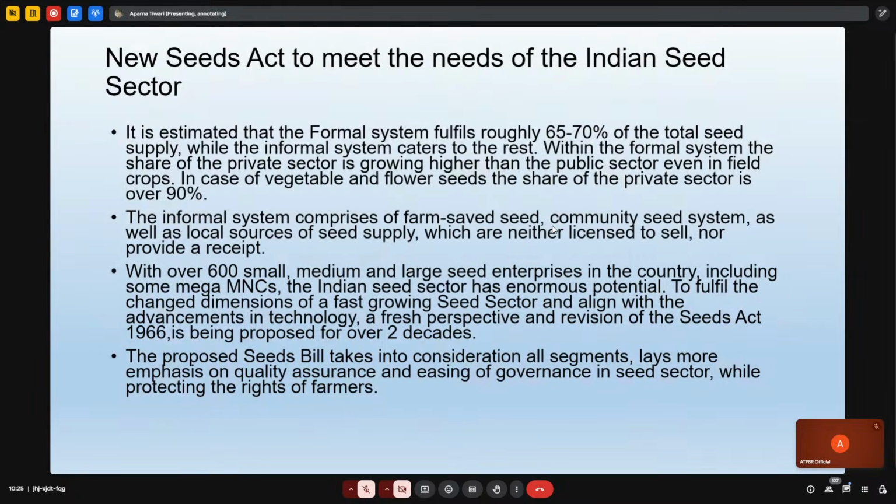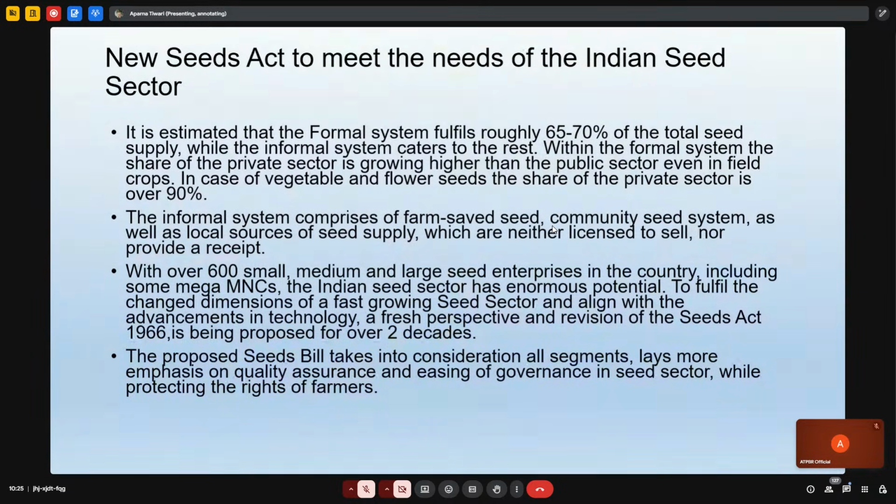I am saying this because it is important to understand the consequences of the New Seed Act. As Dr. Ram has just mentioned, this act is as pro-farmer as it is pro-industry, because if the farmer does not get quality seed, he is the most impacted person.